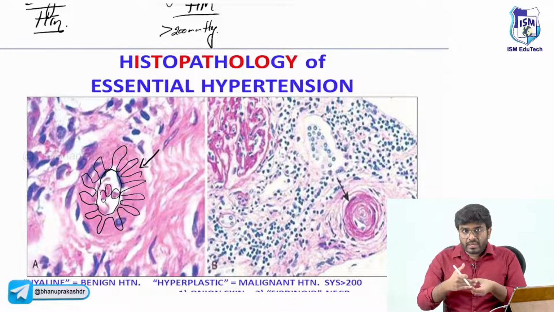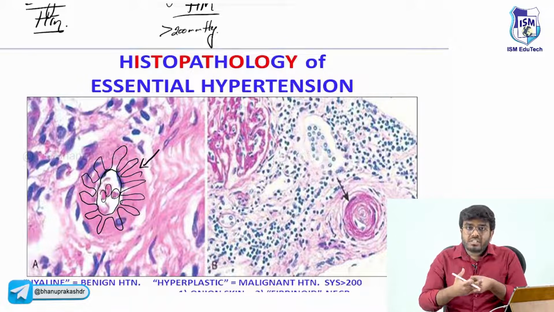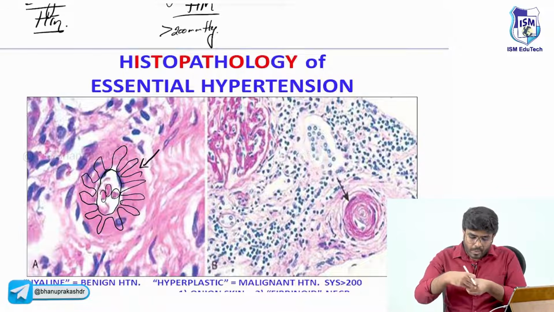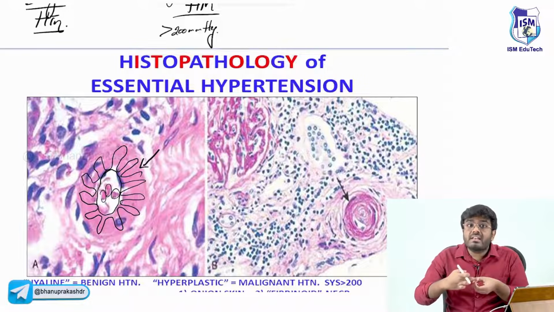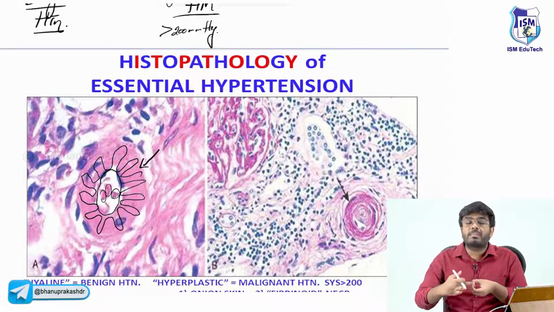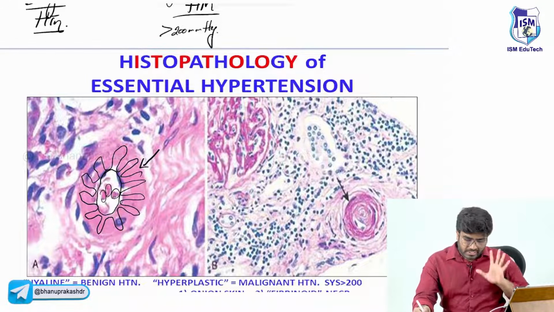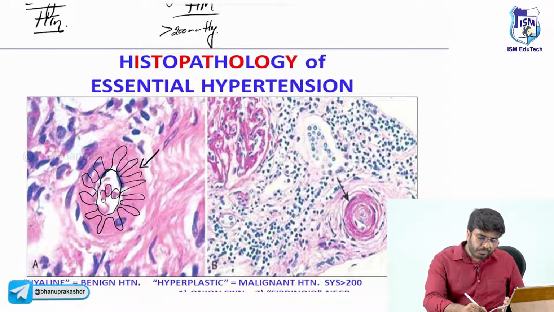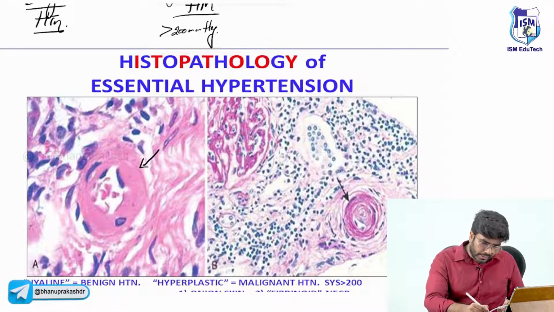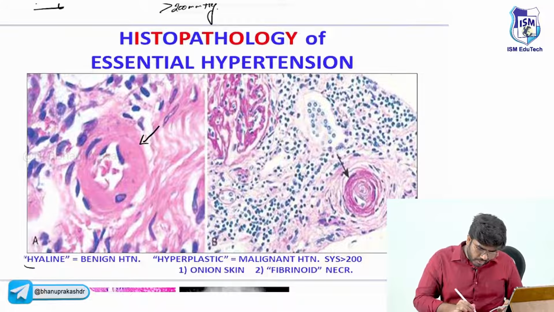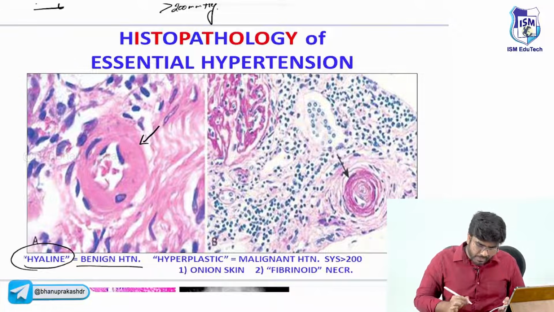That injury to the endothelium will lead to plasma proteins leaking into the vessel wall. So this pink, hyalinous appearance is because of the deposition of plasma proteins in the vessel wall. This type is called hyaline arteriosclerosis, seen in benign hypertension.